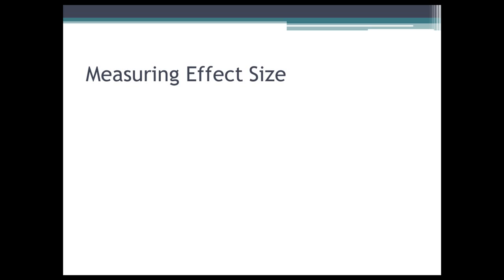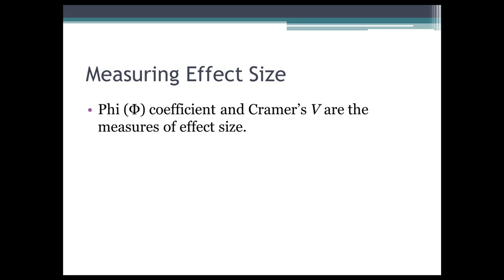But we also need to measure effect size, because it's not enough to say significant, but how significant. The phi coefficient and Cramér's V are probably the effect sizes of choice for chi-square testing.